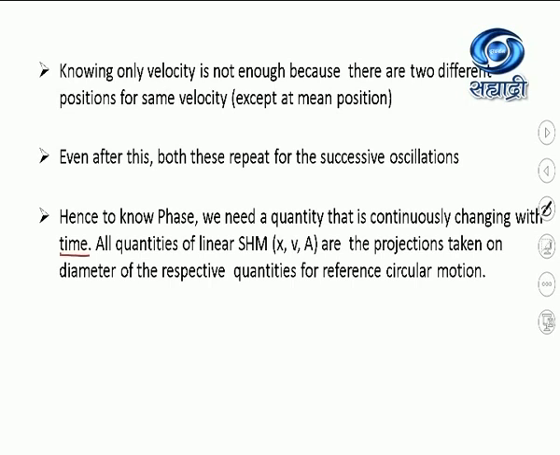And as per the analogy of UCM with SHM, if we take the projections of the quantities in linear SHM as displacement, velocity and acceleration on any diameter, then the problem is getting solved to understand what is the phase of SHM.